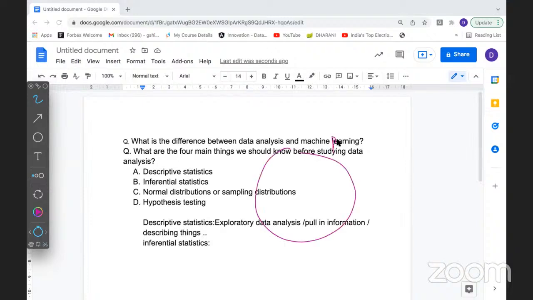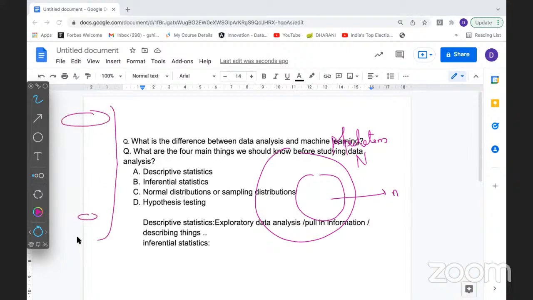So this is your population data, which is denoted with capital N, out of which we pick a sample, which is denoted by small n. So whatever you have on the sample, you will generalize it to population.